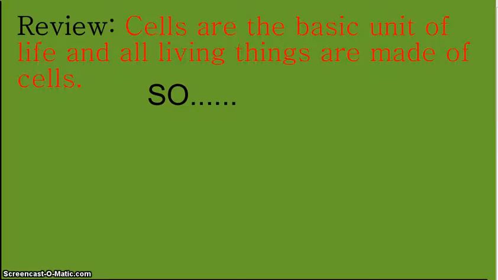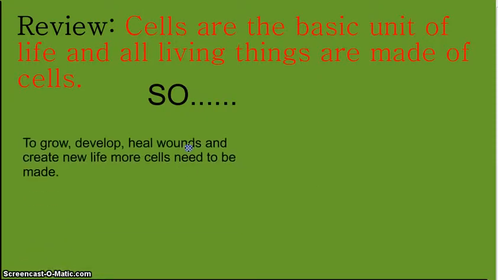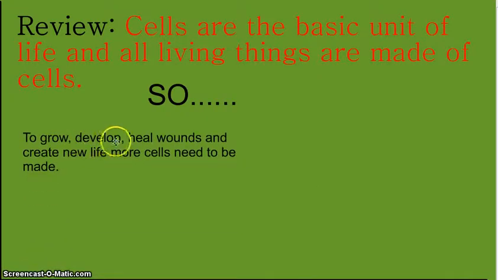So let's review quick. First of all, if you remember back to our unit on cells, we gave you a couple of parts of the cell theory that said that cells are the basic unit of life and that all living things are made of cells. So what does this mean? This means that in order for life to grow, develop, heal wounds, or even to create new life, we need more cells.